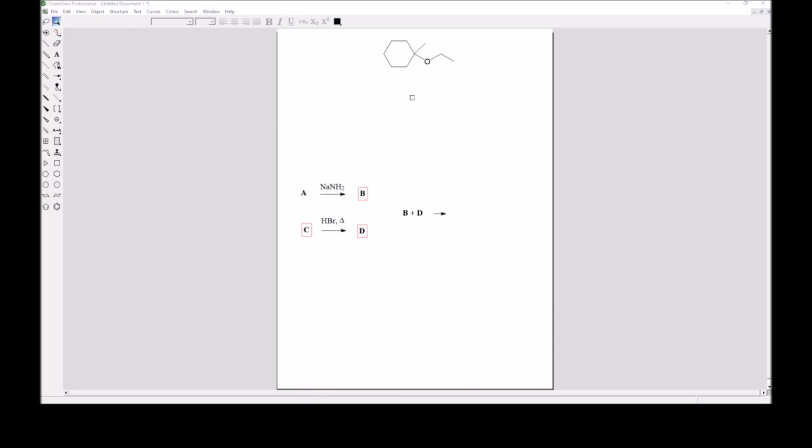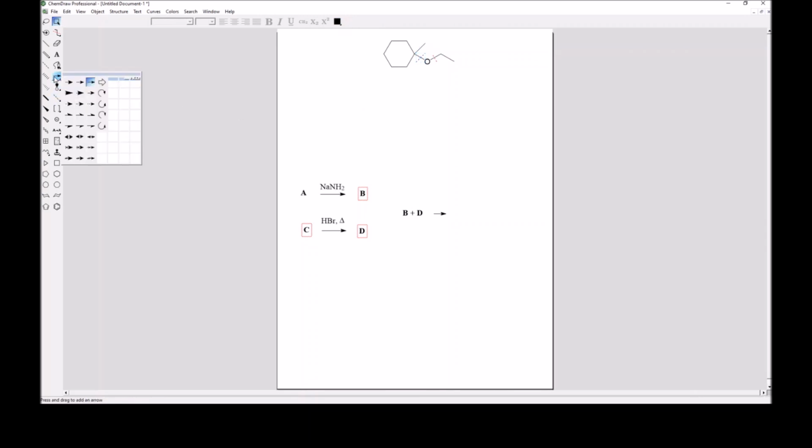Now, just like we did before, when we were looking at this ether, we have to ask retrosynthetically, what are the two different ways I can make this ether? I can either make it by forming this last bond here, or I can make it by forming that bond over there. Let's color the one on the left-hand side red, and the one on the right-hand side blue.